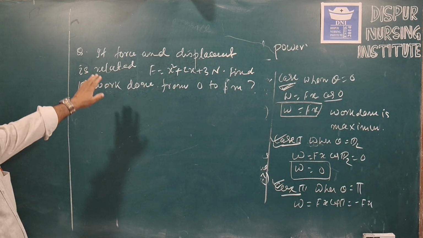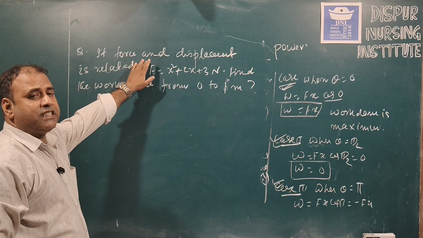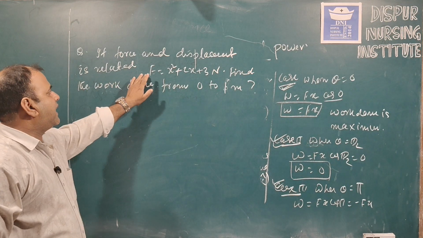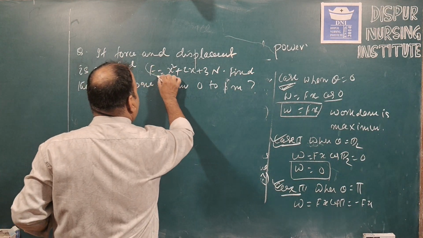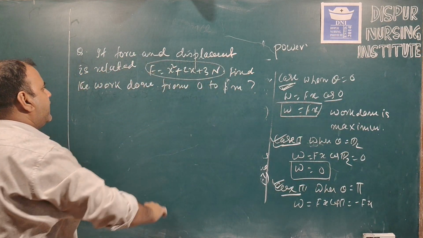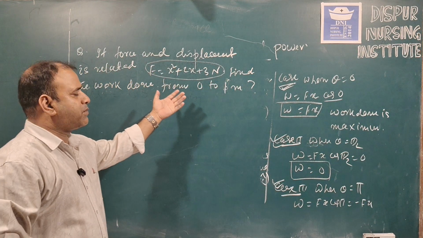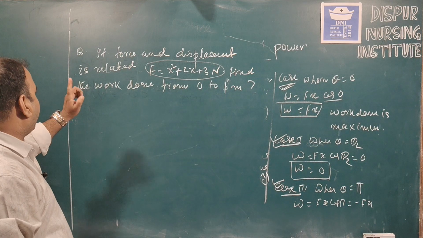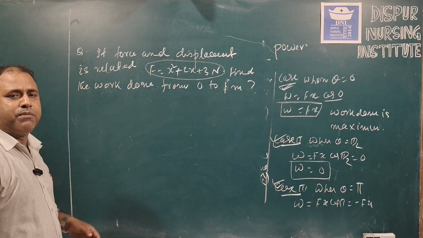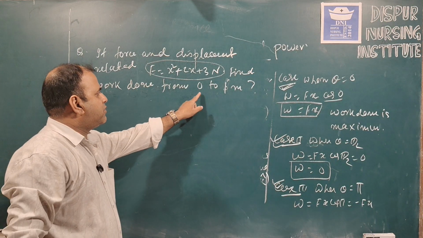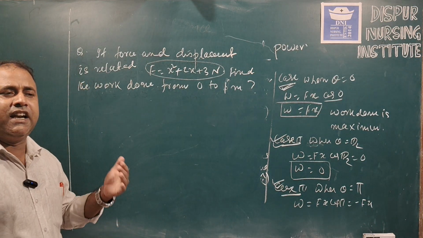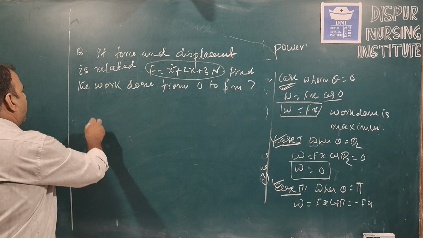So in this case, force and displacement are related, F is equal to x square plus 2x plus 3, given to you. So find the work done from 0 to 1 meter. Basically it is related with the integration formula. So how will we do it?